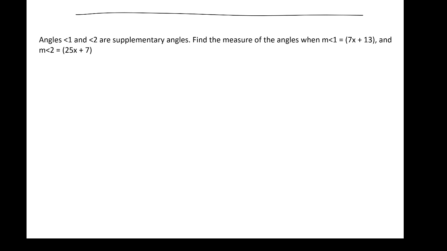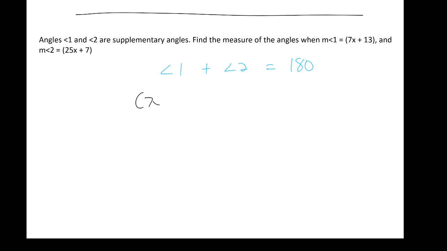So again, we have two angles. They're supplementary, which means that the sum of those two is going to be 180. So now we have these word associations with the number, right? Complementary 90, supplementary 180. Okay. Now we substitute, right?